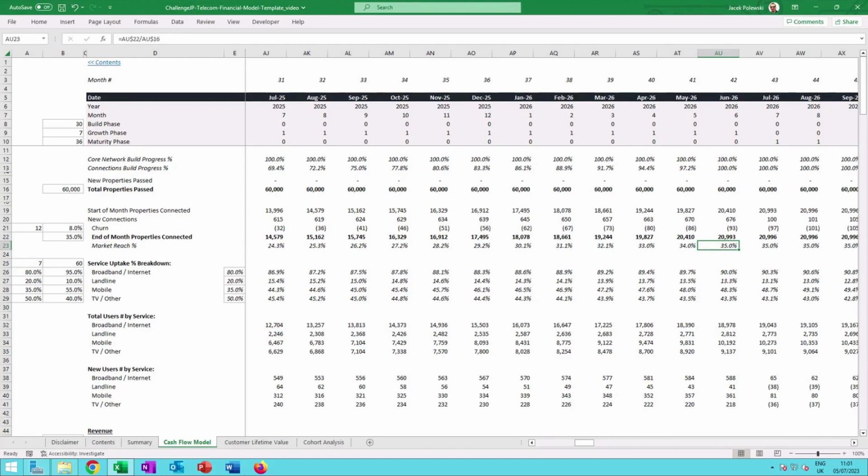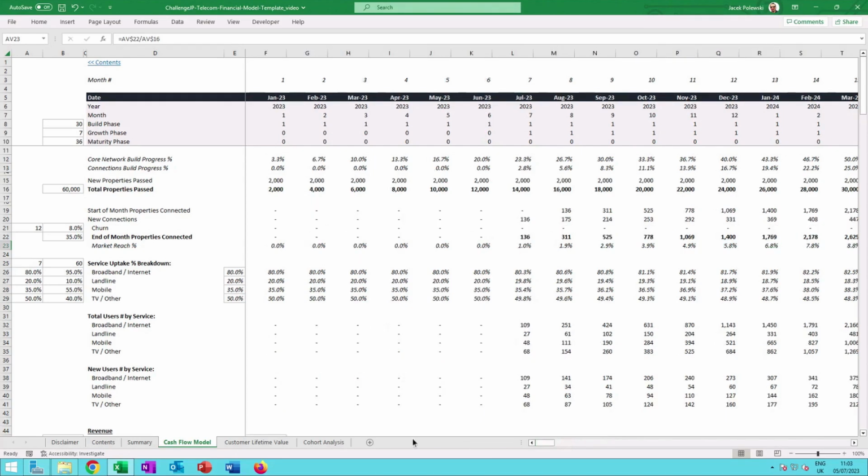So in month 42, you should get to 20.9 thousand of the properties, which is the 35% that you will see in here. Okay, and again, that 35% is the percentage of that 60,000.